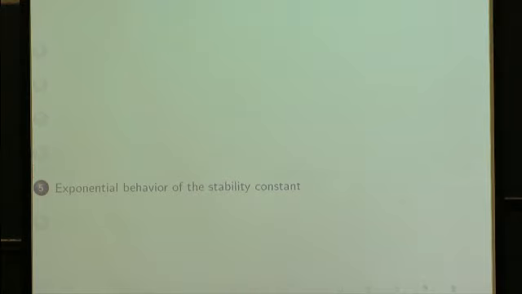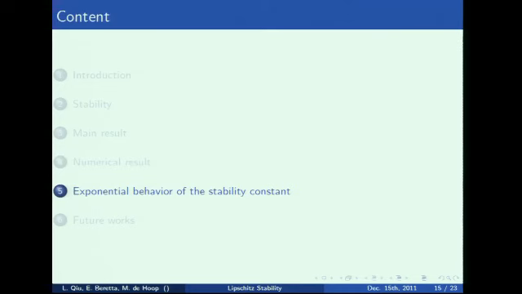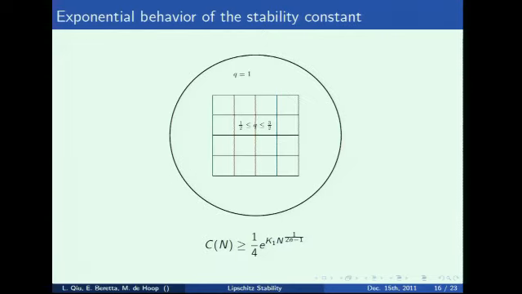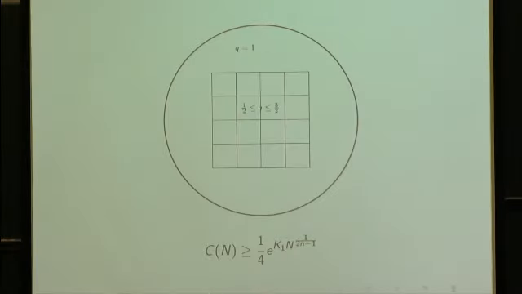Okay. As I mentioned, I will show the exponential behavior of that constant C with respect to the dimension n. I use an example in this section to show this exponential behavior here.